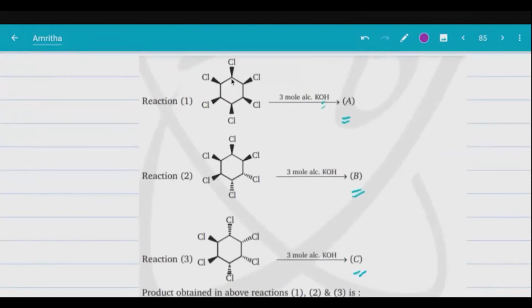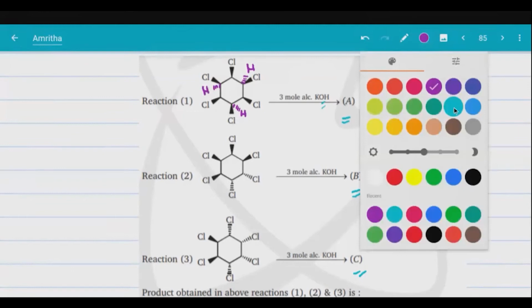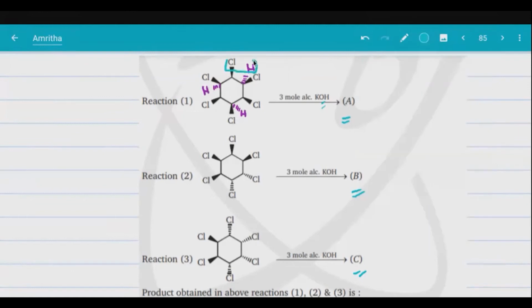So I'll start with this one. Cl, H: one H is opposite. And Cl here, and this bond is H. And Cl here, this bond is H. So I will remove this H and Cl, this H and Cl.